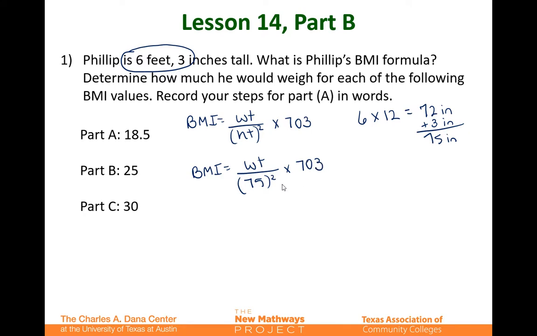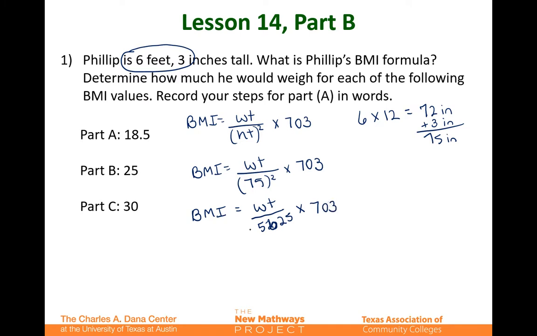If I want to go ahead and square 75, that's 5625. So to get his BMI, it's his weight over 5625 times 703.